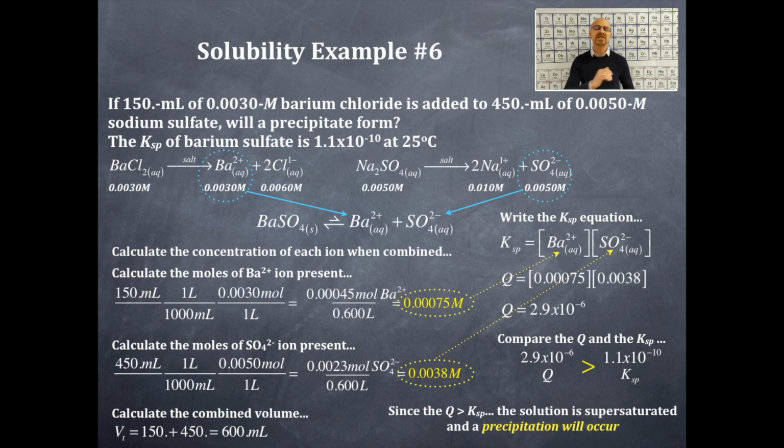If the Q was less than the KSP, no precipitation. But when the Q surpasses the KSP, it's a supersaturated solution. That means there are more than enough ions of that concentration to form a precipitate. That means there's enough barium ions and sulfate ions for them to get together to form an insoluble precipitate, and it will turn cloudy or fall out of solution. Barium sulfate is a white precipitate.